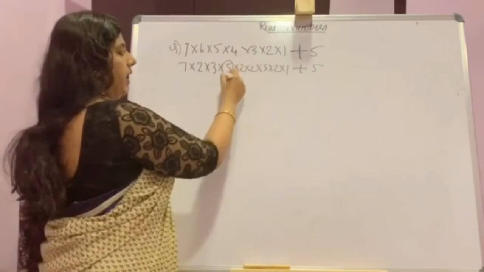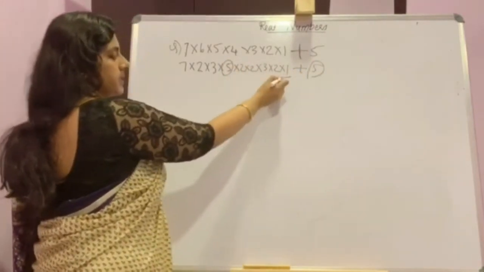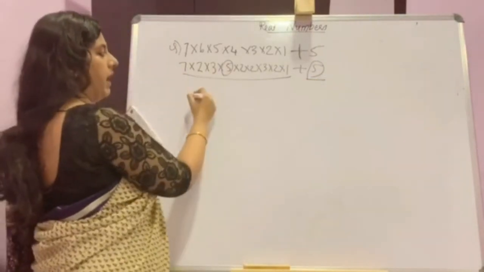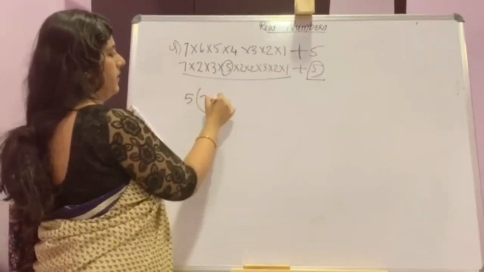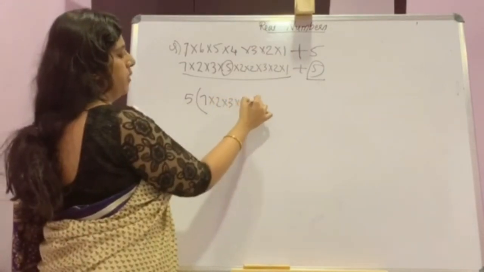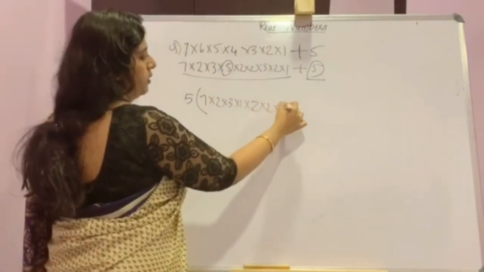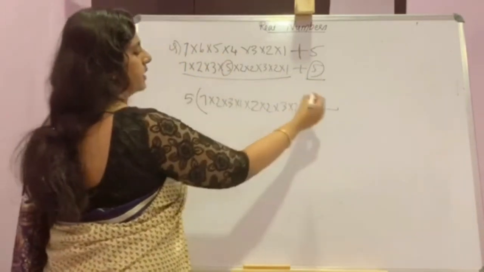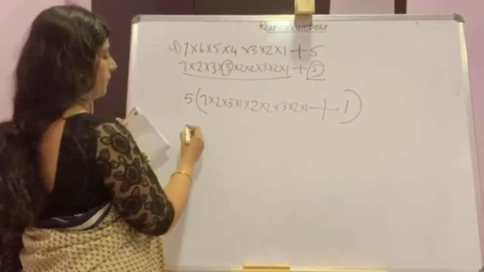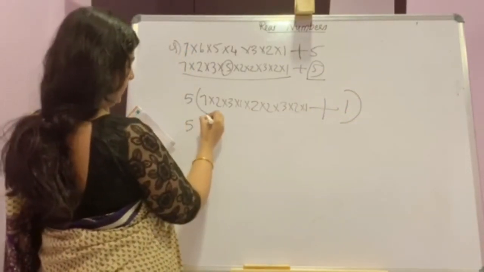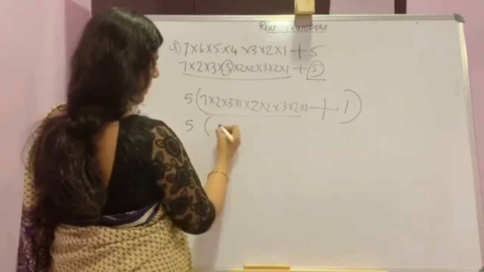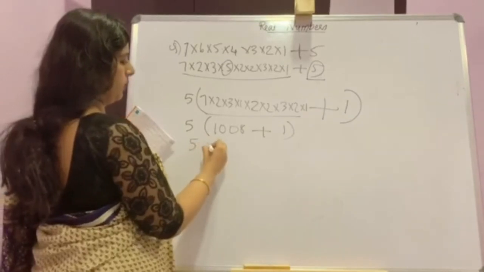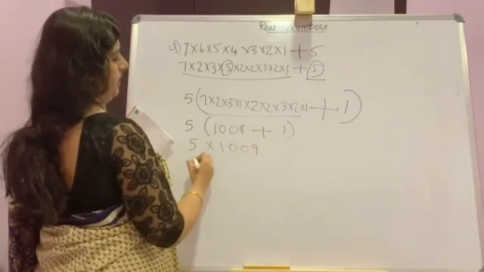For that we have a common 5 in these two terms. This total is the first term and this is the second term. So taking 5 outside, 7 into 2 into 3 into 1 into 2 into 2 into 3 into 2 into 1 plus, from here also 5 is taken outside, so 1. Now this is 5 into, this answer is 1008 plus 1, that is 5 into 1009.